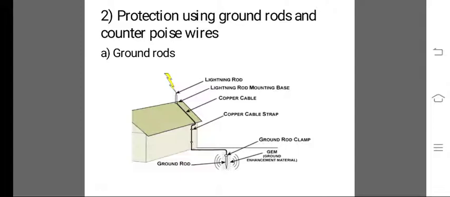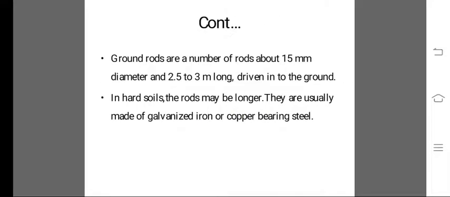They are usually made up of galvanized iron or copper bearing steel. The spacing of the rods, the number of rods and the depth to which they are driven depend on the desired tower.